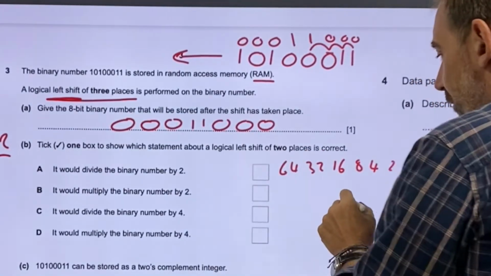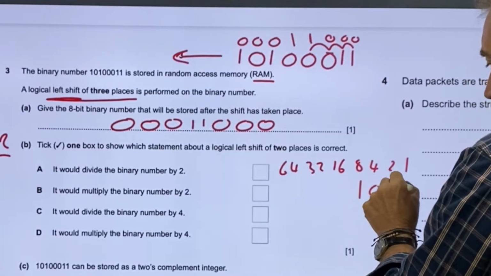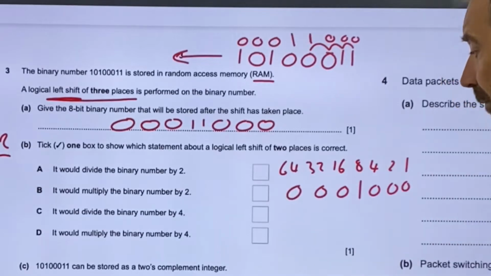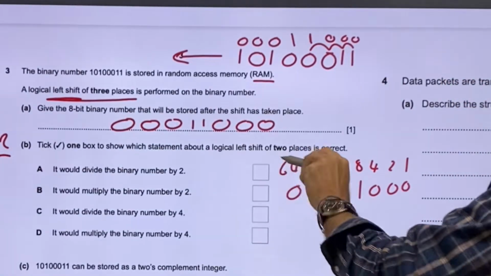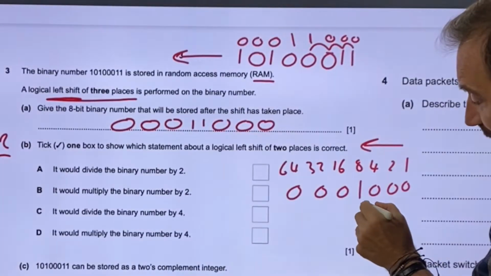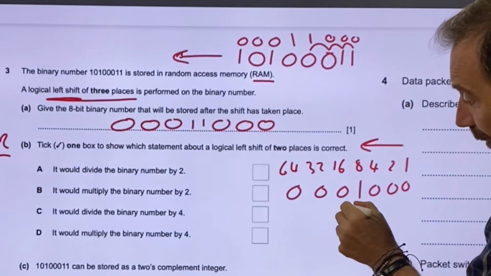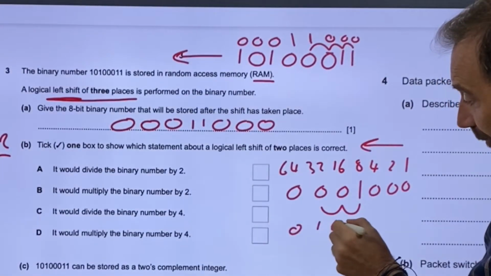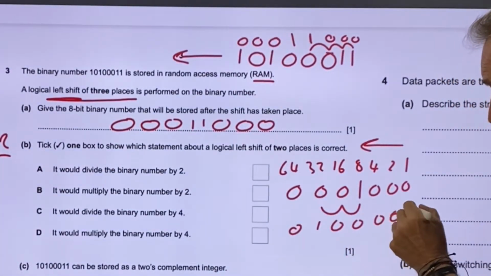Now if I've got 0 0 0 0 0 0, and I'm going to the left, a shift of 2, which basically means if I take this 1 and go 1 2, I then get the number 0 1 0 0 0 0 0.